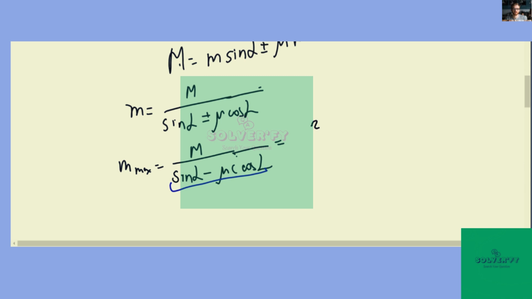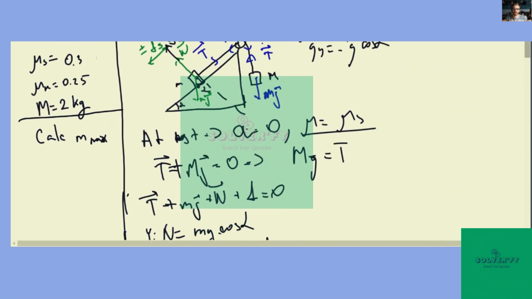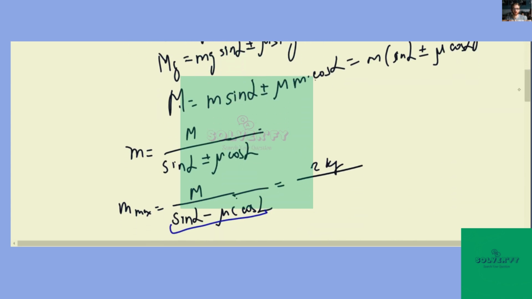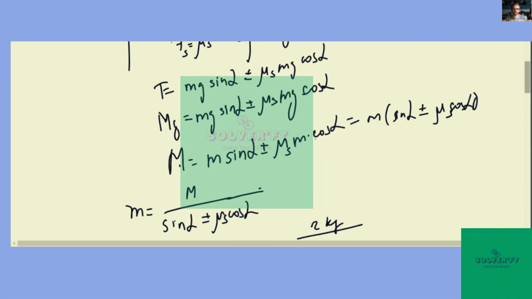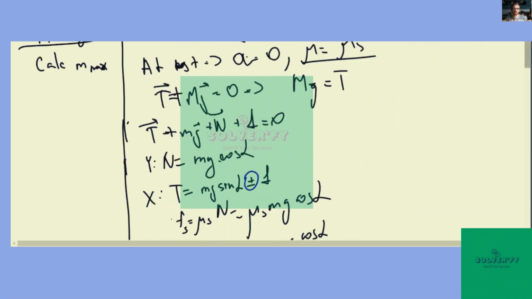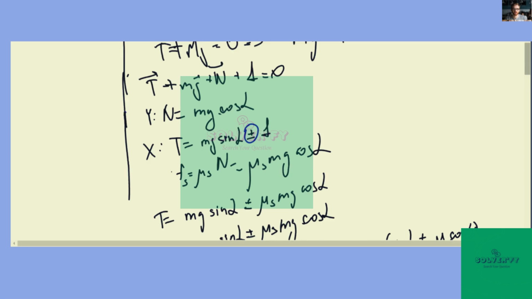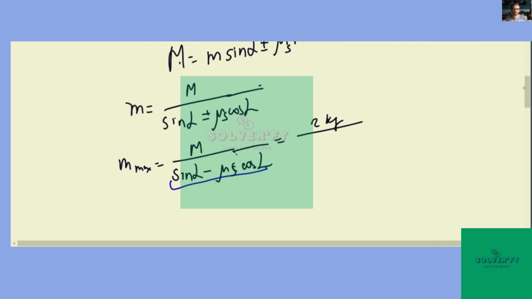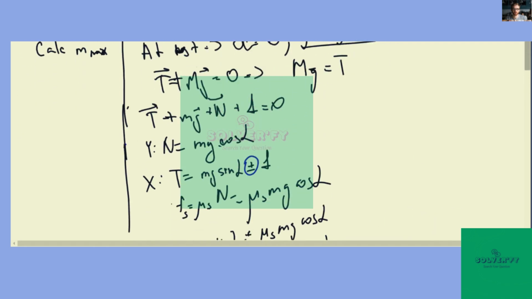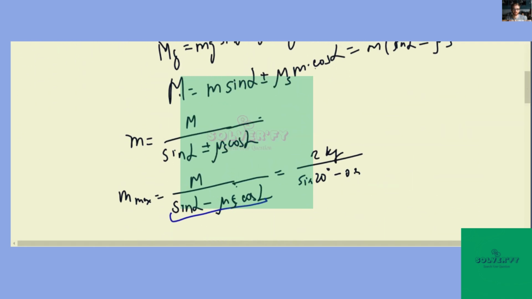So it equals 2 kilograms over sine 20 degrees minus 0.3 times cosine 20 degrees.